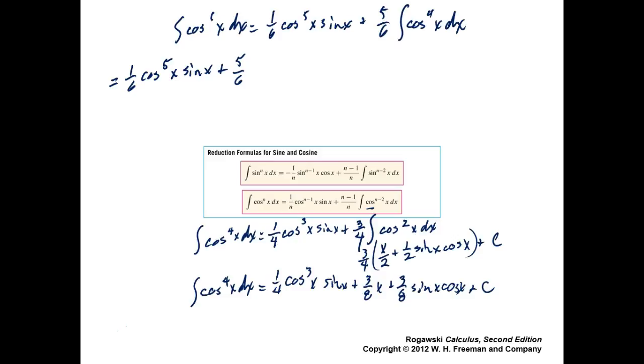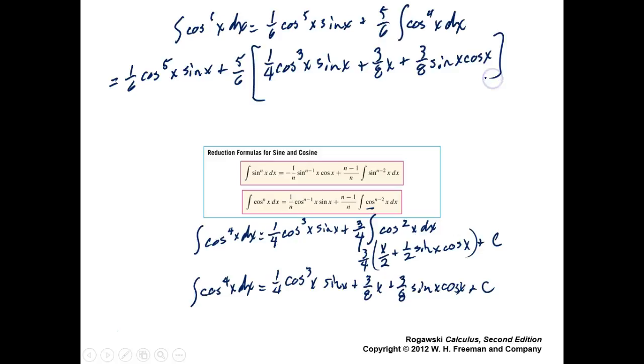But cosine fourth x we got right down here, so rather than redo it, just write it in: 1/4 cosine cubed x sine x plus 3/8 x plus 3/8 sine x cosine x. I'm going to wait till the very end and put the plus c at the end of all of them. Is that all right with you?